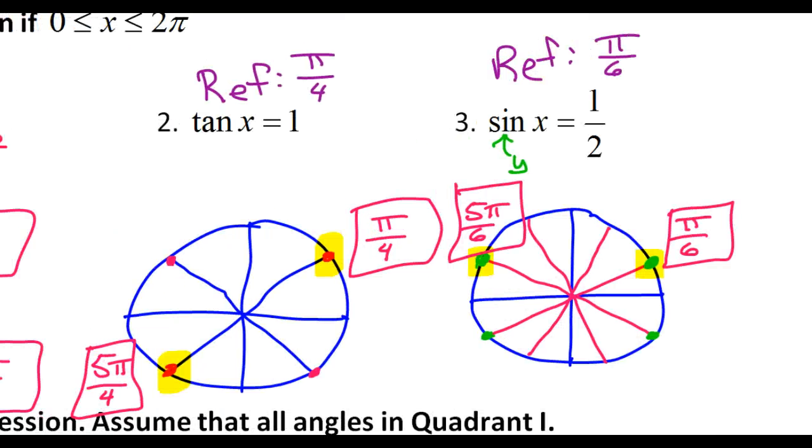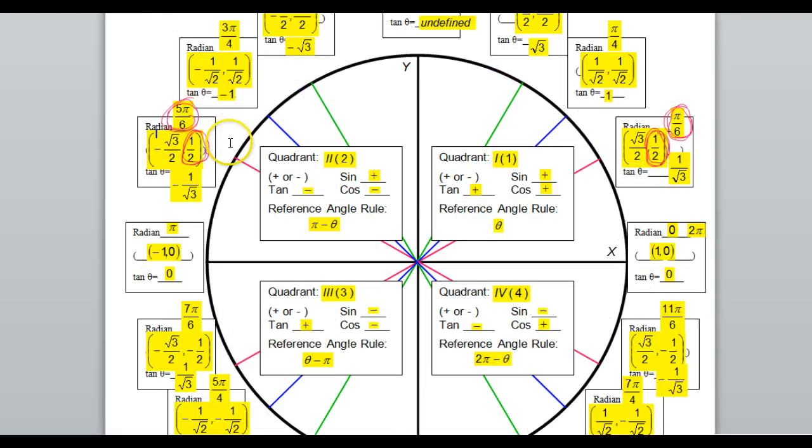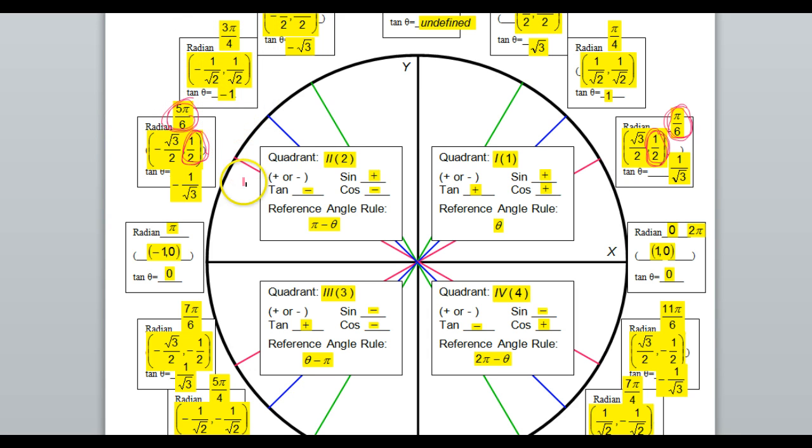Let's see if we could do that with these ones. Looking at problem number 2, if I had that crazy unit circle, tangent is equal to 1. What angle makes that happen? Okay, if the tangent has to be equal to 1, let's see. So the tangents are down here. So I see negative 1, radical 3. Oh, look, there's 1 right there.